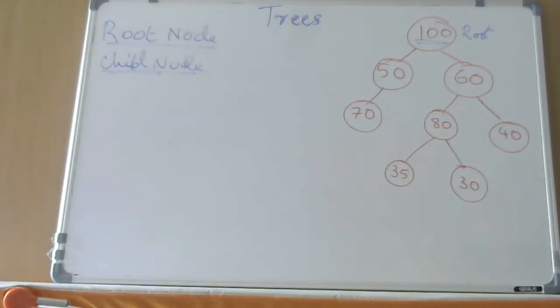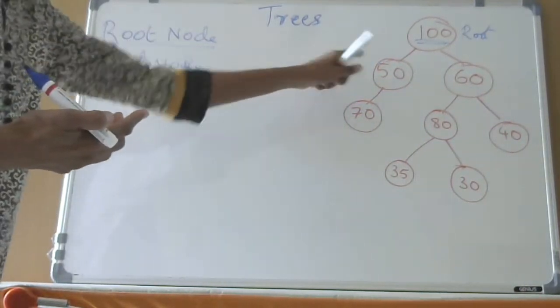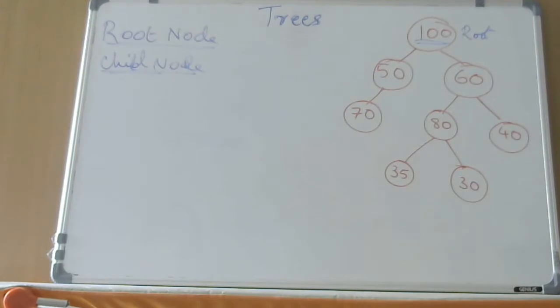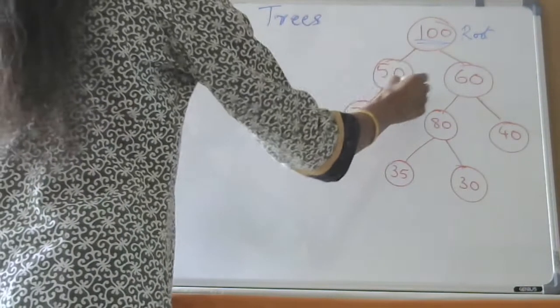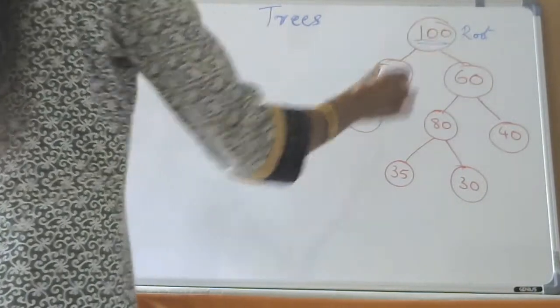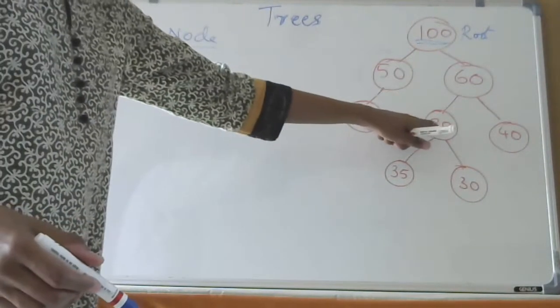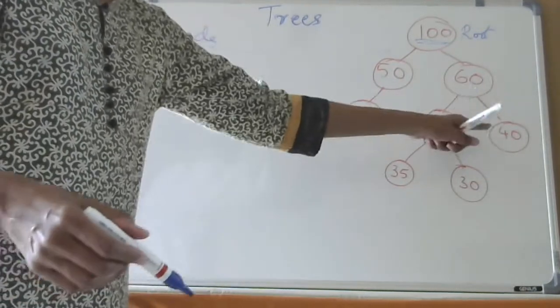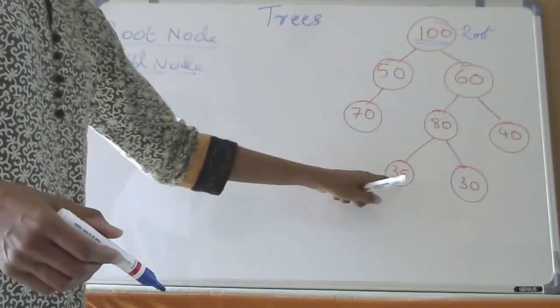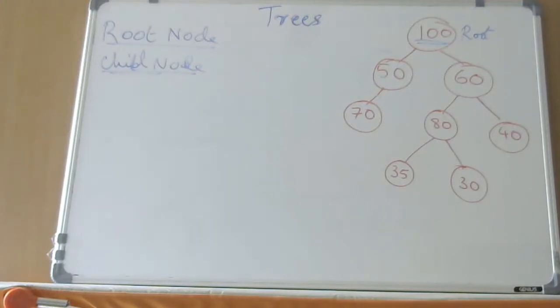If you look at this example, the node 70 is a child node of the node 50. Nodes 50 and 60 are child nodes of 100. 70 is a child node of 50. 80 and 40 are both child nodes of 60. 35 and 30 are both child nodes of 80. So a child node is one which is obtained from the parent.